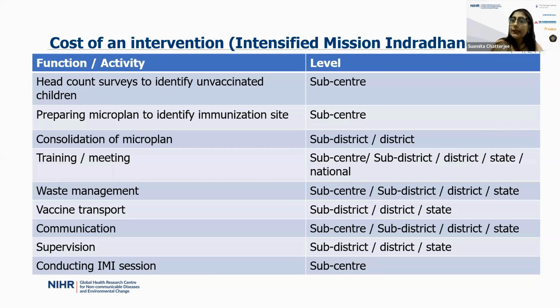So you really have to track those at different levels, okay? That's the first thing you have to do when you are doing a costing of an intervention. The basic thing is that you need to understand the intervention very well first. If you miss out an activity, your cost will be underestimated, right? So you have to identify each and everything.